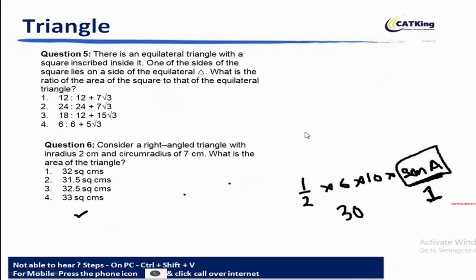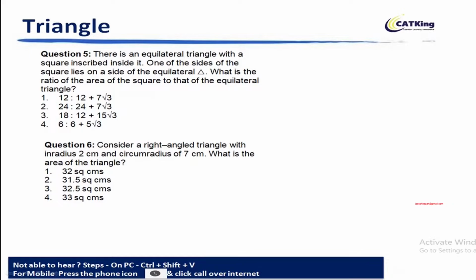Let's move to the second question. Okay, here the question says there is an equilateral triangle with a square inscribed inside it. One of the sides of the square lies on the side of the equilateral triangle. What is the ratio of the area of the square to that of the equilateral triangle? All right.